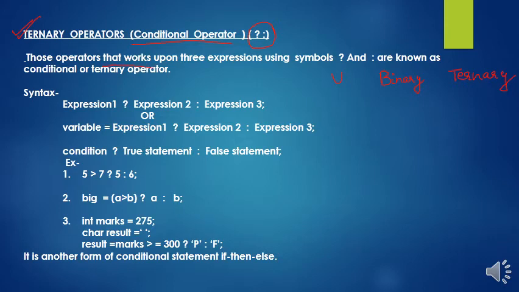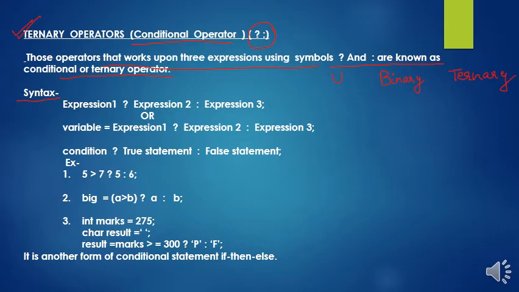Those operators that work upon three expressions using the symbols question mark and colon are known as the conditional or ternary operator. How can we write the syntax? expression 1 question mark expression 2 colon expression 3.